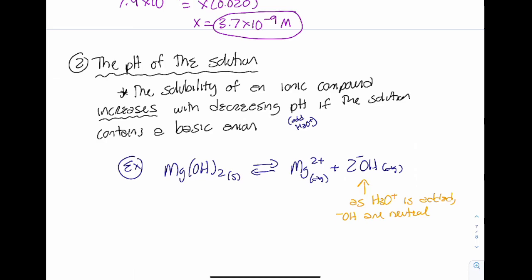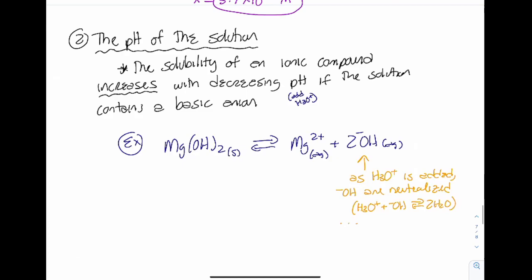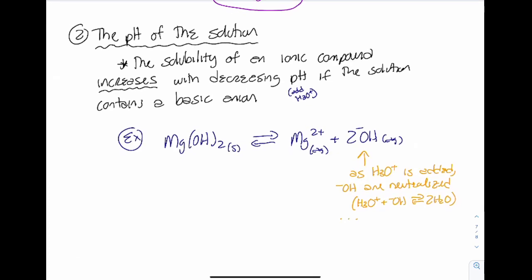It's going to react with the acid to form water, which is effectively removing it from solution. I no longer have hydroxide ions floating around because those hydroxide ions have reacted with the acid that we added to form water. So what I'm doing is I'm removing a product.